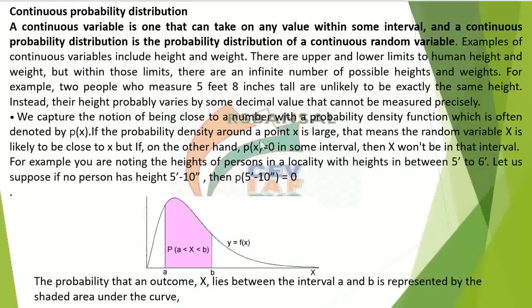This may be 0 if we are not able to find that particular value. So in the case of continuous probability distribution, suppose x lies between a and b. The probability that an outcome x lies between the interval a and b is represented by the shaded area under the curve.